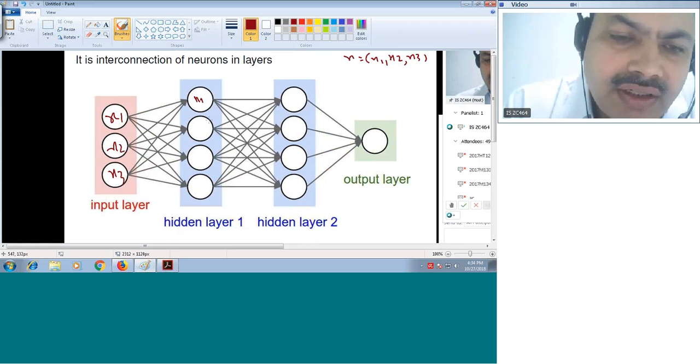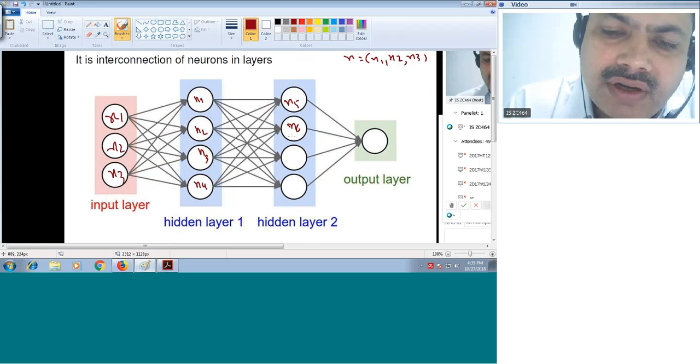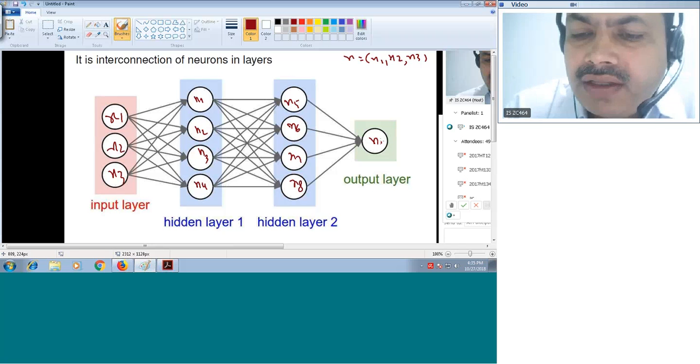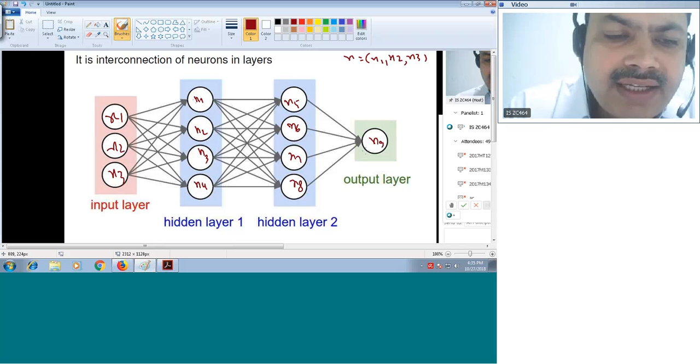This is the first neuron, this is the second neuron, the third, the fourth, the fifth, the sixth, the seventh, the eighth, the ninth neuron. This neuron is connected with all the data items.